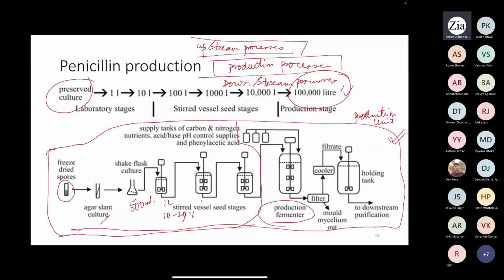And after getting this produced biomass or any other byproduct, it will go to the downstream unit. Downstream also does not consist of only one particular process. You may have multiple processes, and in most cases you will have quite good similarity of equipment used in downstream and upstream, although their motive will be different.